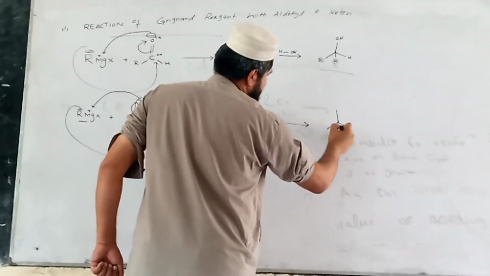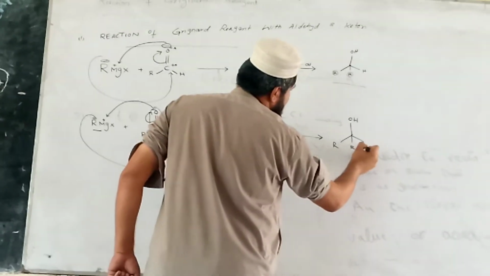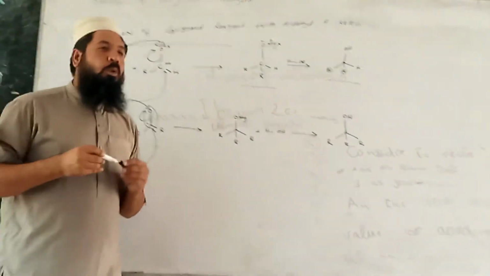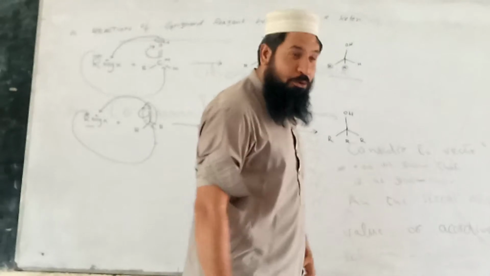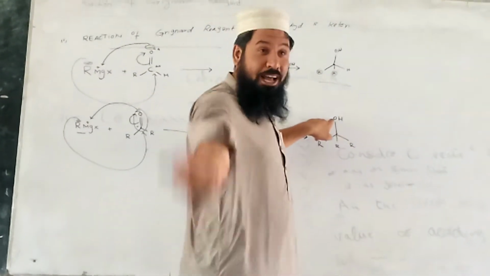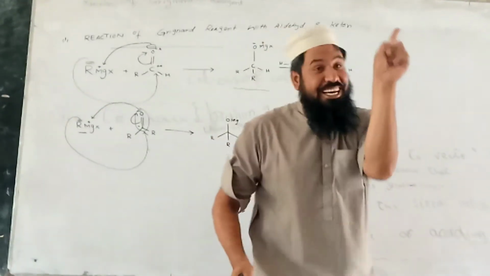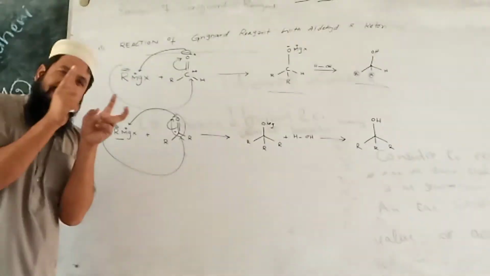Look at, what alcohol is this? It was a secondary alcohol before. This is the tertiary alcohol. Why is this the tertiary alcohol? You know, the hydroxyl group, the alcoholic group, is directly linked with the tertiary carbon. Look at this difference.